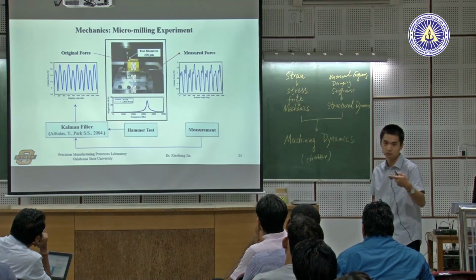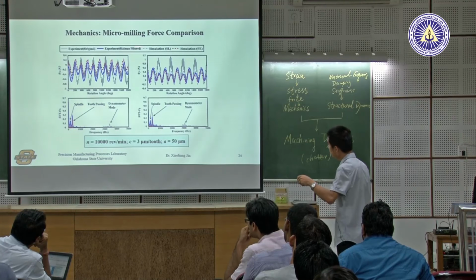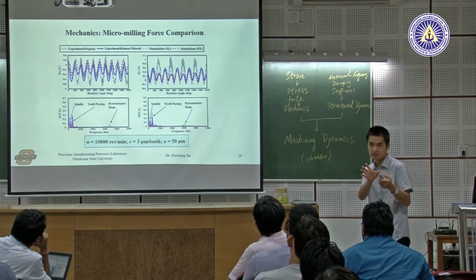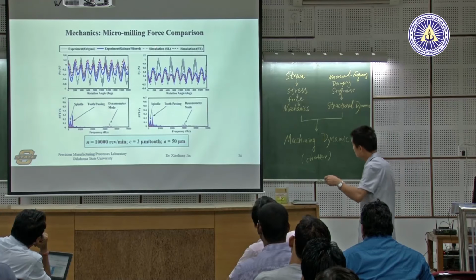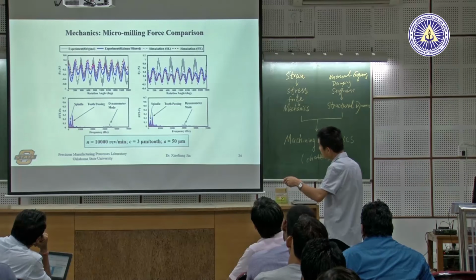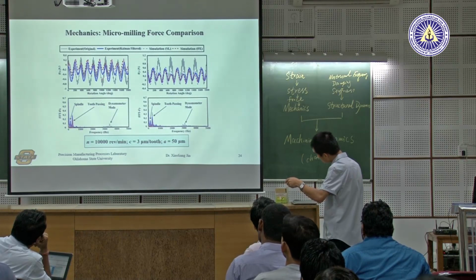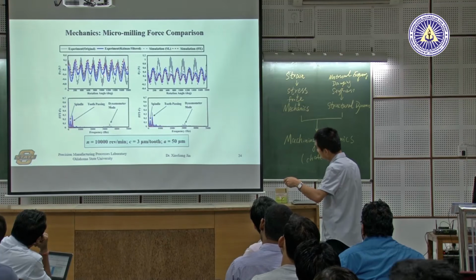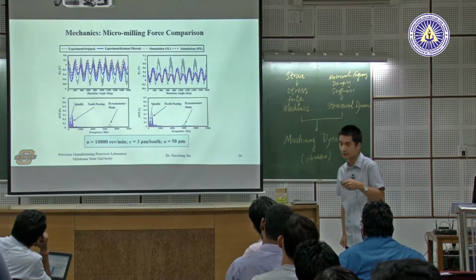After that, we compare the simulation and experiment, because the simulation doesn't consider any measurement dynamics error. So just from the experiment, the black one is actually measured. The blue one is Kalman filtered. Then we compare between the slip line and the FE model. All of them have very small amplitude, between -1 and 0.4, but percentage-wise, there's a wide discrepancy between the FE simulated and the real force.